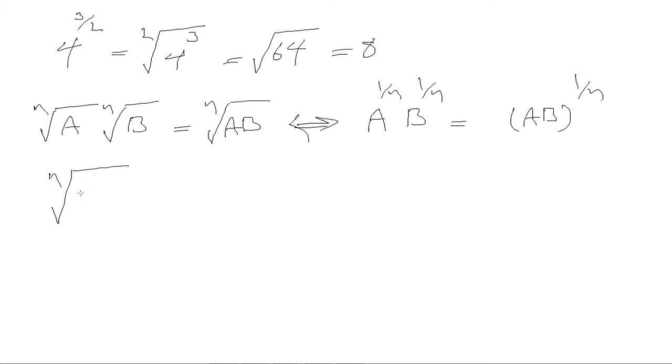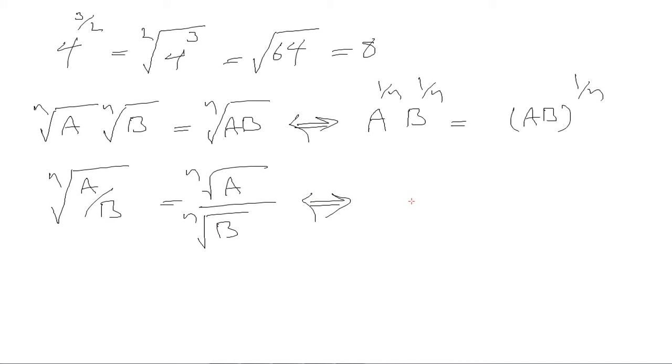The radical index n of a over b is the radical a index n over the radical b index n. This is actually equivalent to the exponent rule that says a over b raised to the power of 1 over n is a to the power of 1 over n over b to the power of 1 over n.